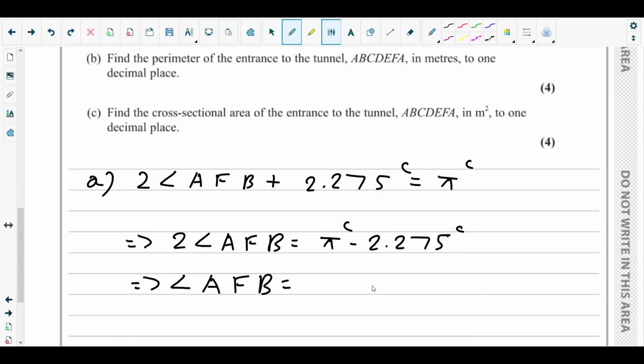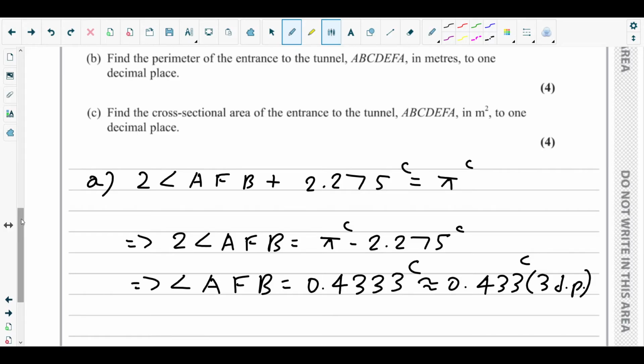So angle AFB equals (3.1416 minus 2.275) over 2, which is 0.4333 radians, or 0.433 radians to 3 decimal places. That's it, done. This is part A.